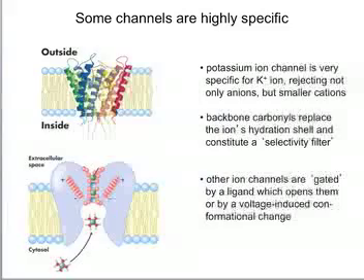Remembering that what has to happen in the channel is the transport of an ion across the membrane, and we can respond either to a concentration change in some other ligand, say a neurotransmitter, or say in some voltage gradient across the membrane.